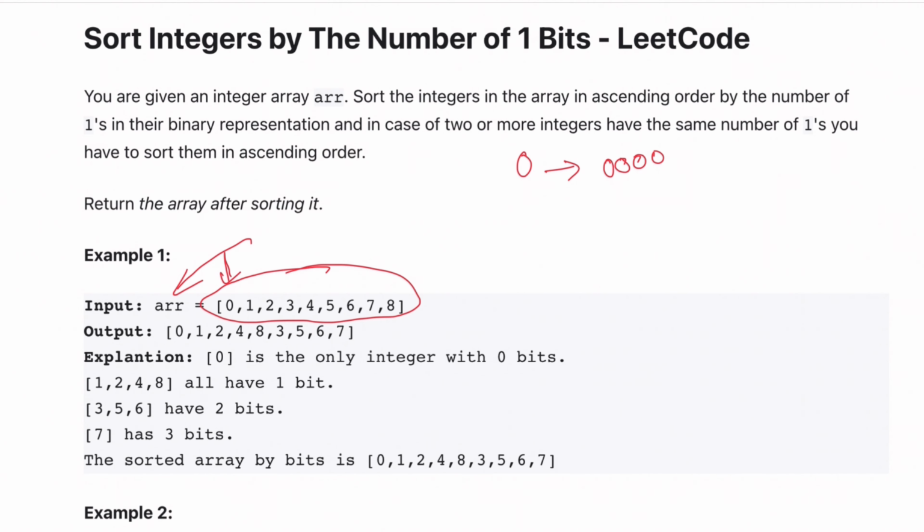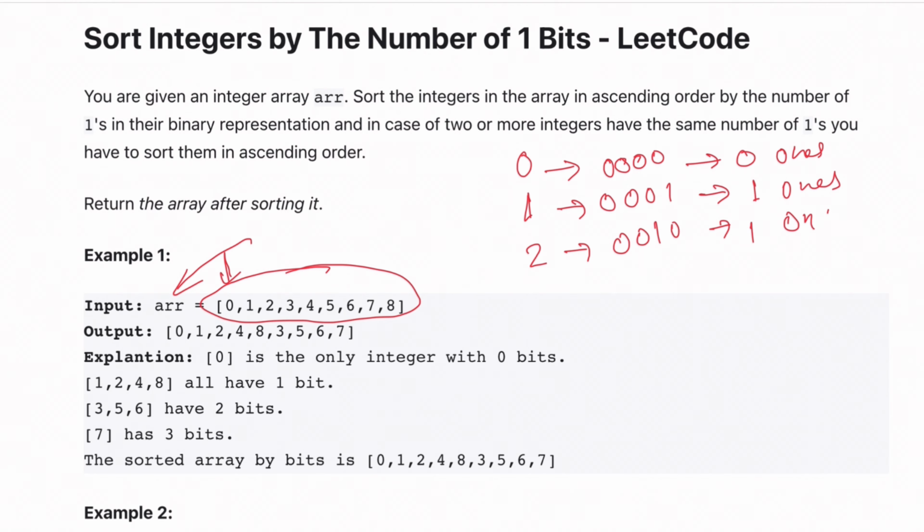Let's suppose 0 can be represented as 0000, so there are zero 1s. 1 can be represented as 0001, so 1s available is one time. Similarly, 2 is 0010, also one 1.